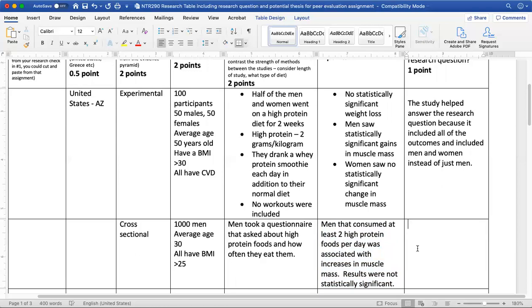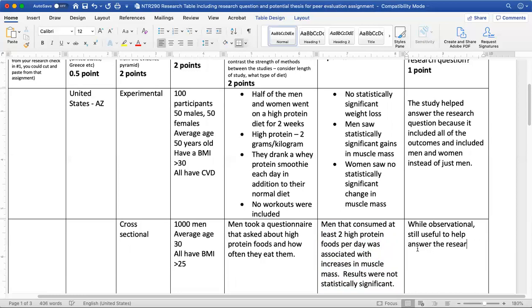And then on this one, while observational, still useful to help answer the research question since it included the outcomes that were being analyzed.